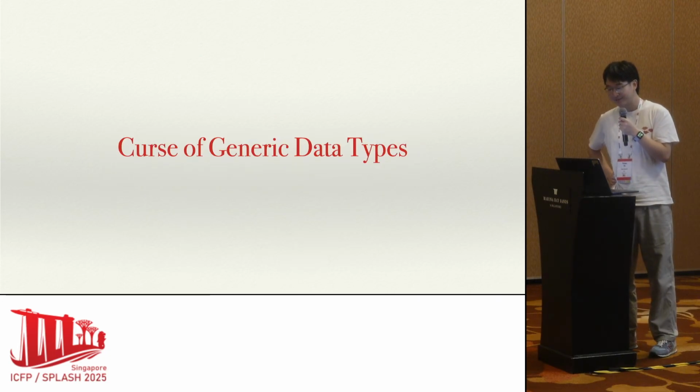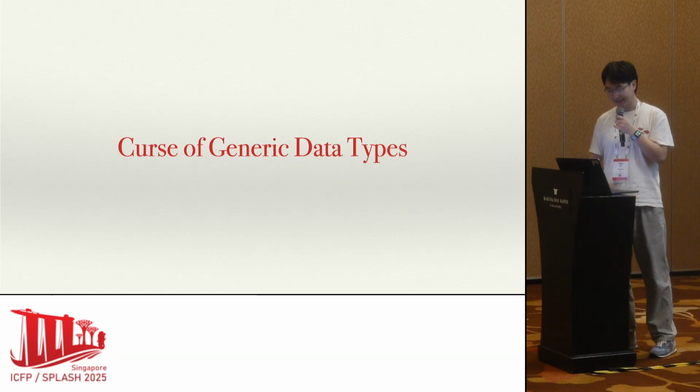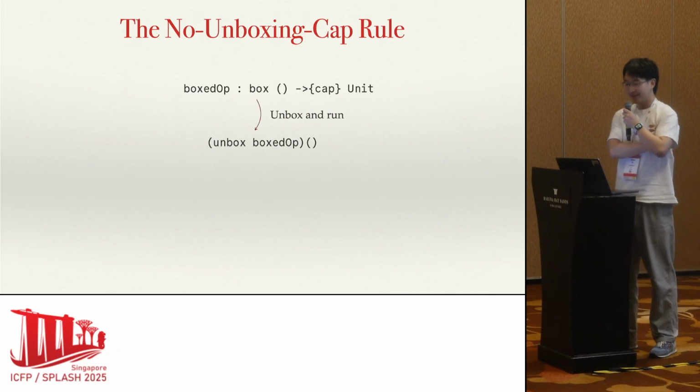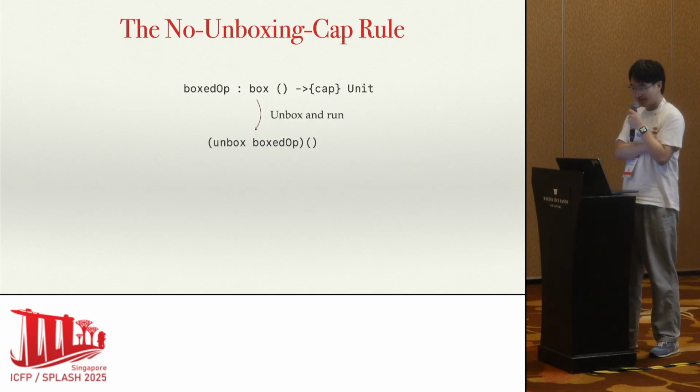The problem is that when we were making everything practical and trying to capture check more and more things, we found that there are more problems. So it's again with generic data types. CC Sandbox has one restriction: you cannot unbox a cap. Do you see this box impure function?